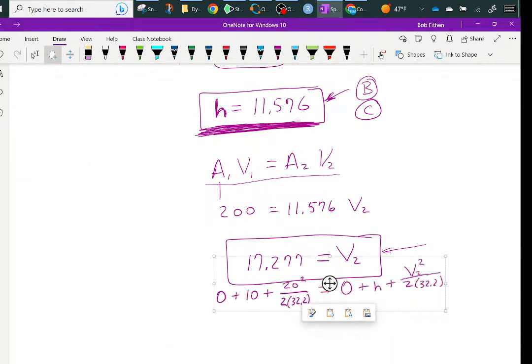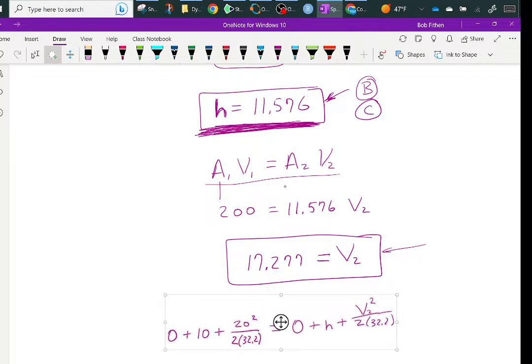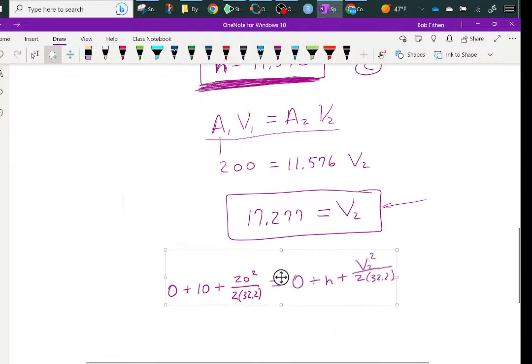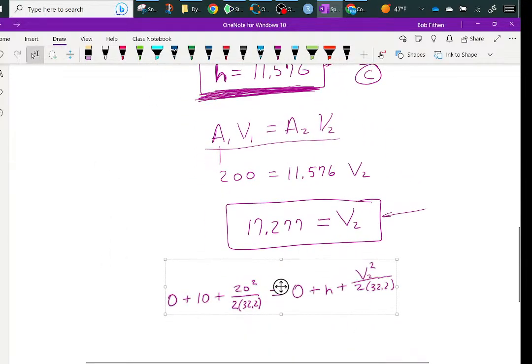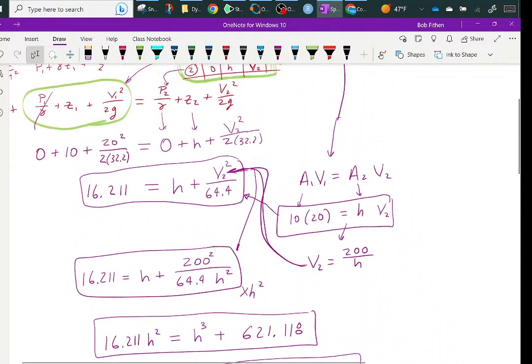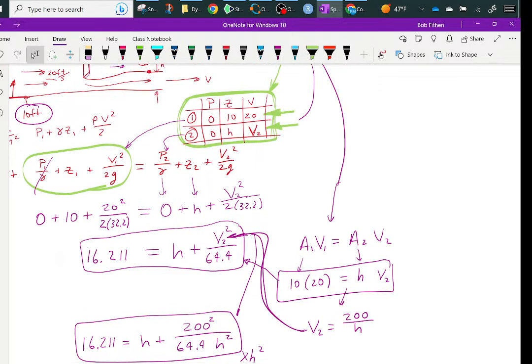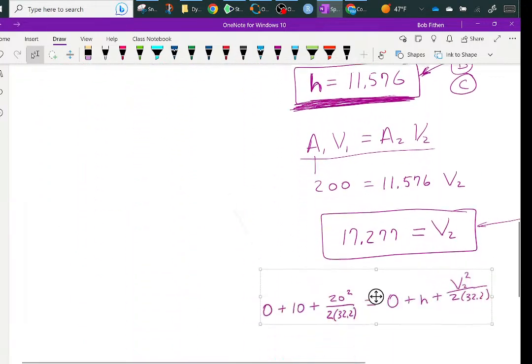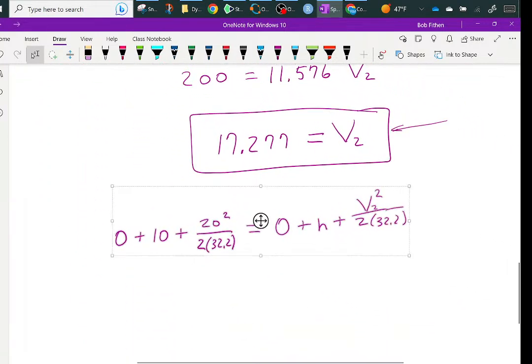I'm going to recalculate the number on the left.